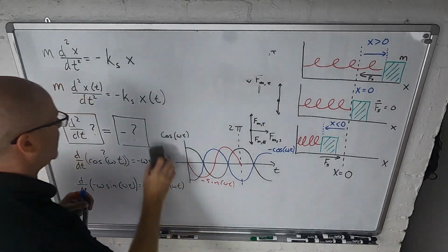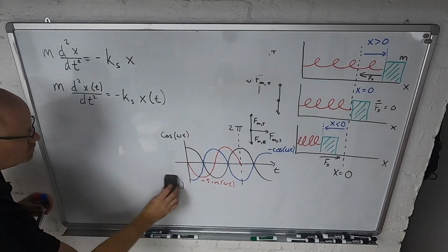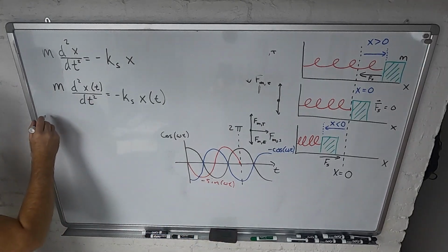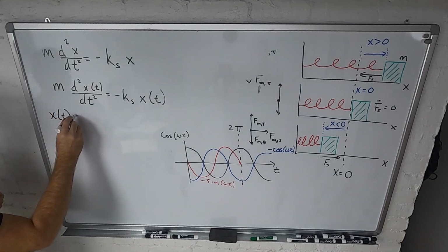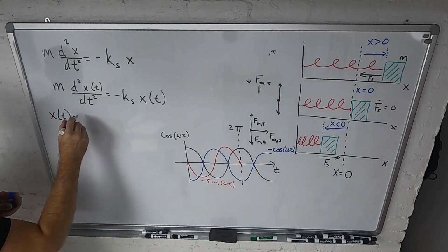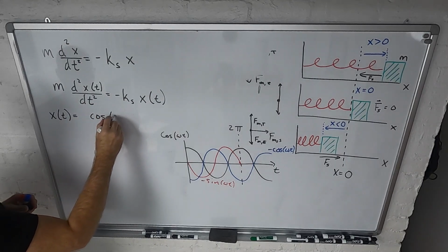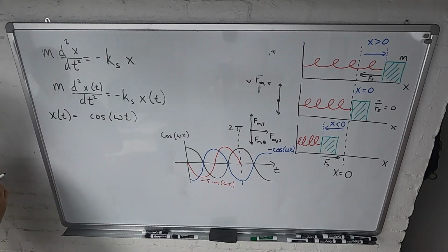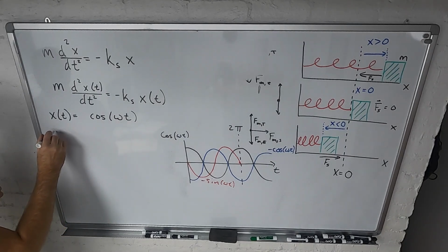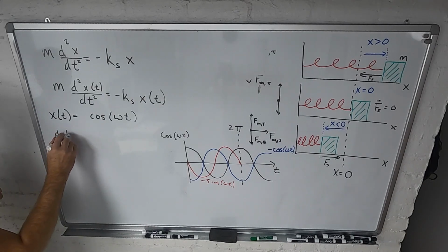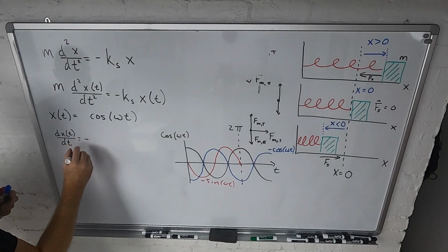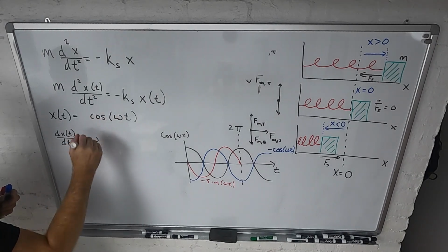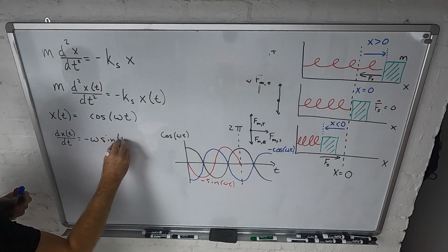So let's look at what we have. I'm going to guess that my x of t better look like cosine of something times t. This comes in because I want things to be correct mathematically. It's just a constant times time. The first derivative, dx of t over dt, is going to be minus omega, this always comes out, sine omega t.